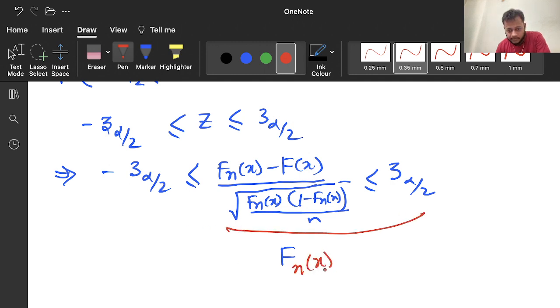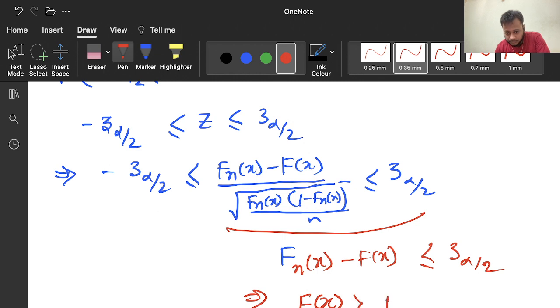So Fn(x) minus F(x) is less than z alpha by 2, so F(x) is greater than or equal to Fn(x) minus z alpha by 2.